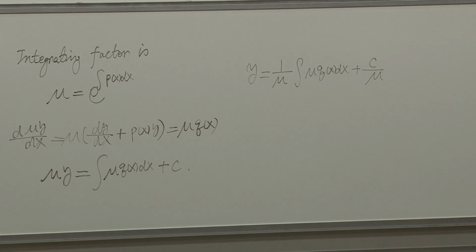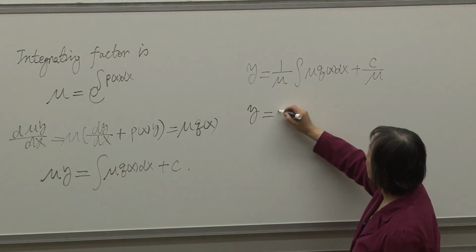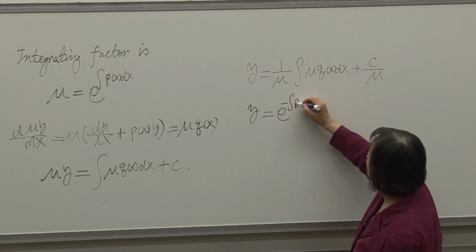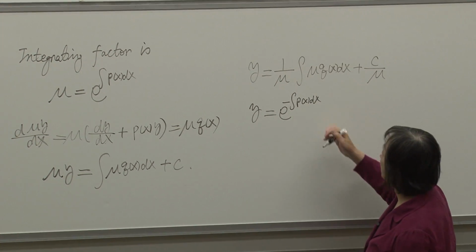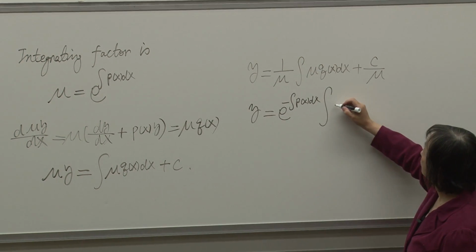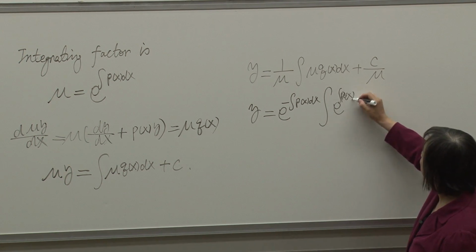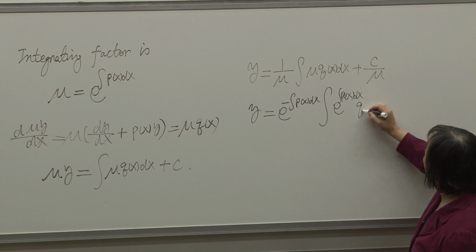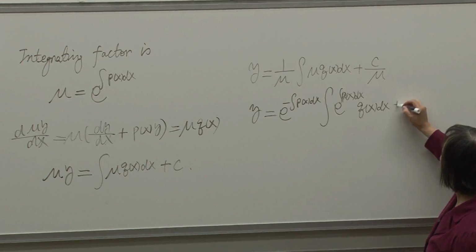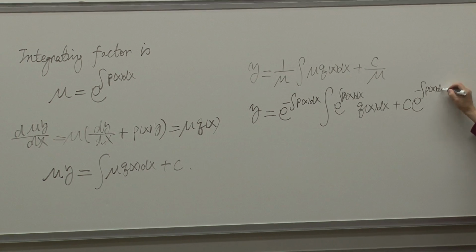Now, if we write out mu explicitly, the solution is e to negative integral of p of x. That means we flip mu to the numerator, multiply by the integral of e to the integral of p of x times q of x, and then plus constant c times e to negative integral of p of x dx.